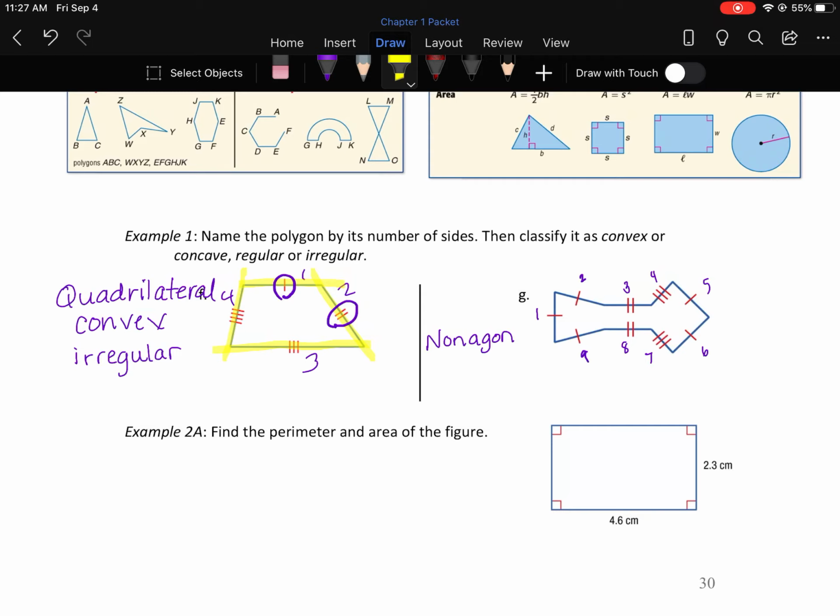So I'm going to start with my side 1. That looks good so far, didn't go on the inside. Let's do side 2. If I continue that straight line, it does go inside, so we're going to say concave. And then I can see some of the sides are the same, but the definition says they all have to be the same, so therefore it is irregular.